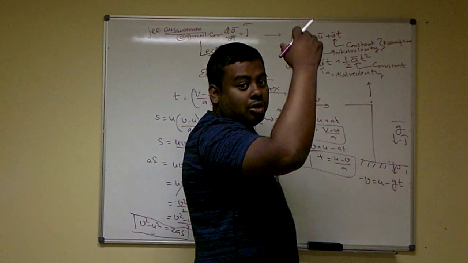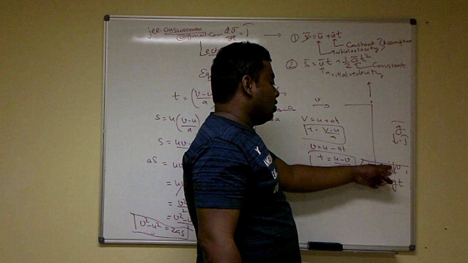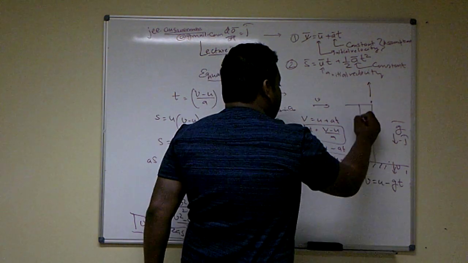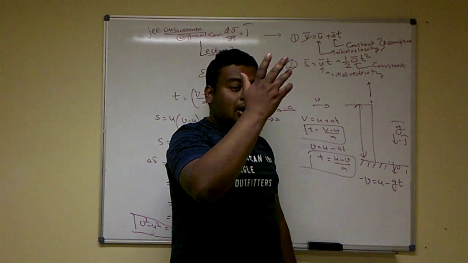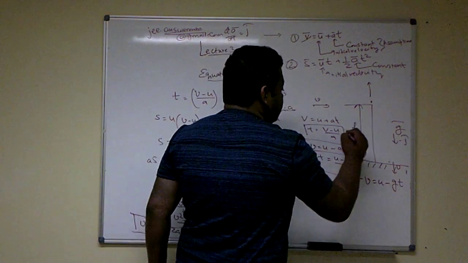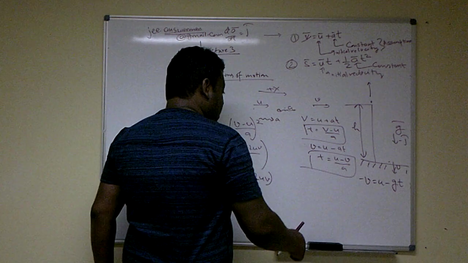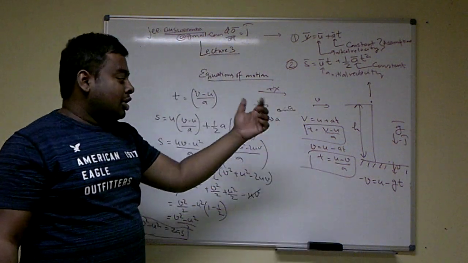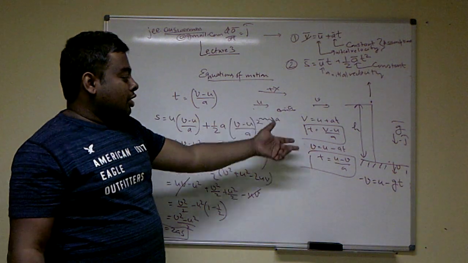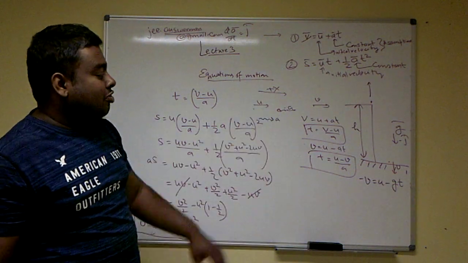So, for example, if you're throwing a ball upwards and would like to know the velocity v, and you know from which height you are throwing the ball up, let's say that height is h, you don't have to first figure out how much time it took to get your final velocity.